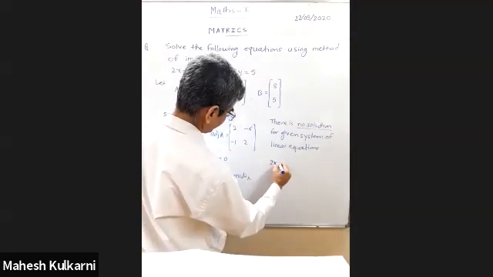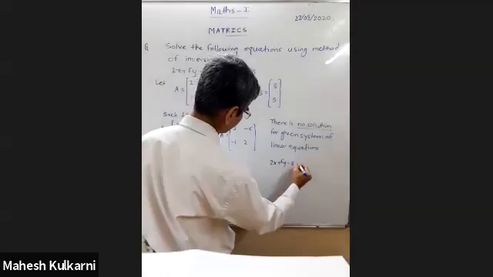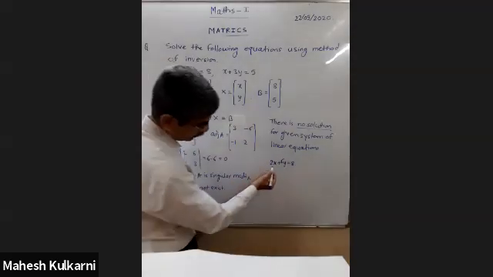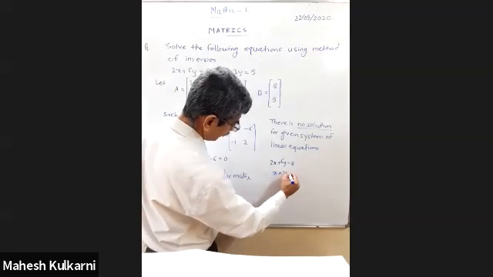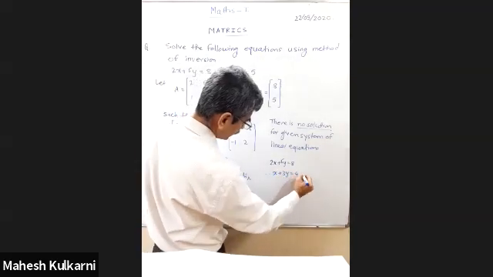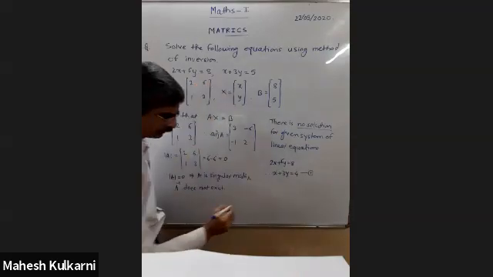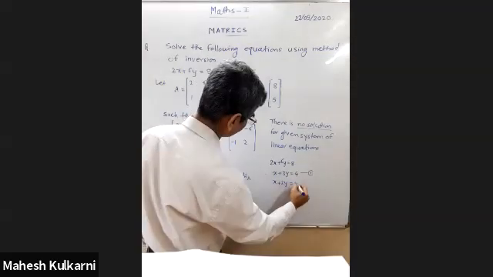If you observe this equation, we can simplify it by dividing by 2, and here I will get x plus 3y is equal to 4. That is the first equation. Second equation is x plus 3y is equal to 5.